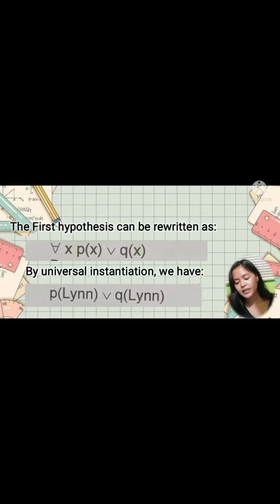The first hypothesis can be rewritten as for all x, P(x) or Q(x). By universal instantiation, we have P(Lynn) or Q(Lynn).